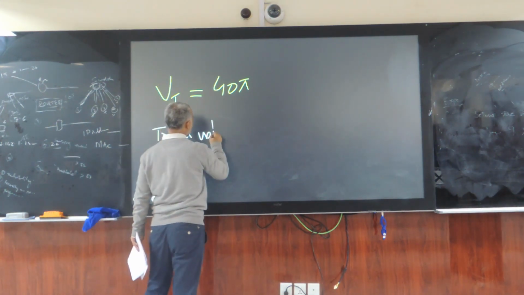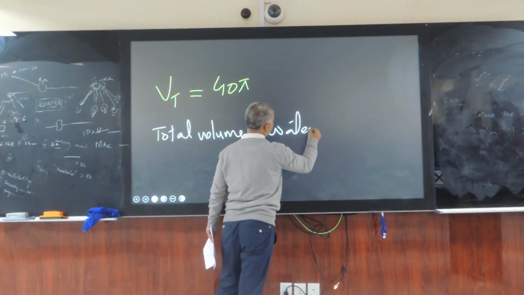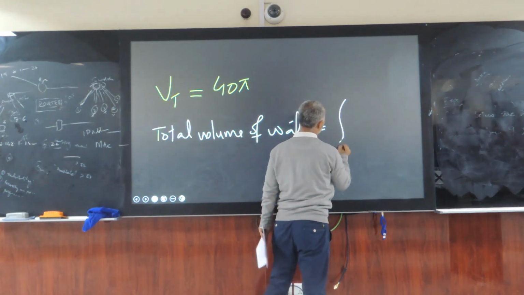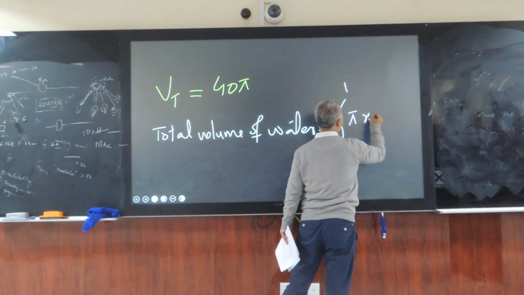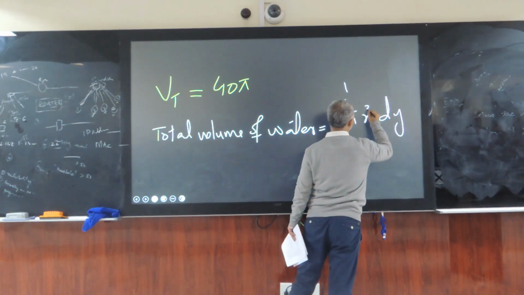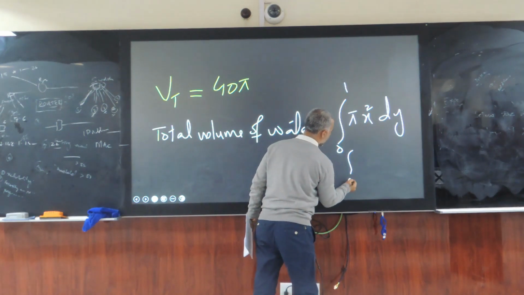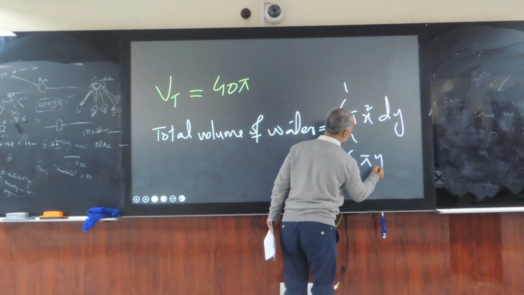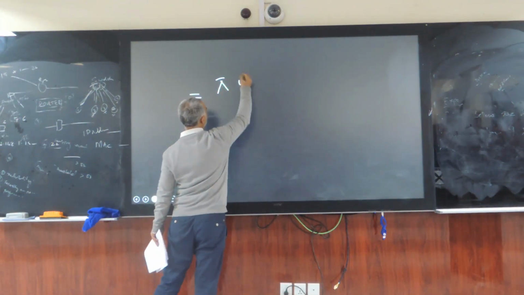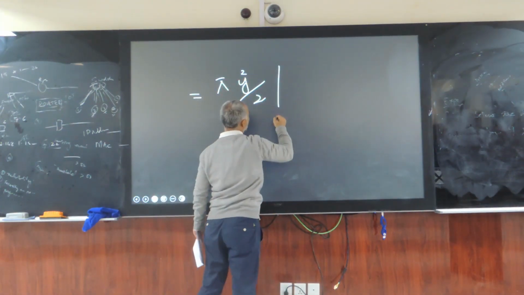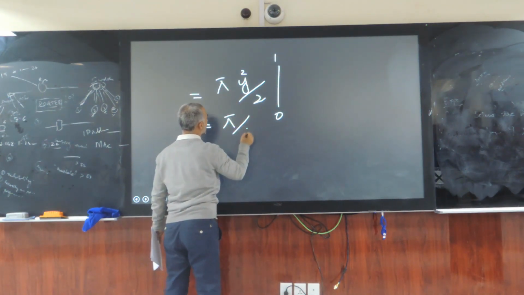The total volume of water can be determined as the integral from 0 to 1 of pi x square dy. We know x square represents y, so the integral from 0 to 1 of pi y dy, pi y square over 2, 0 to 1, and the answer is pi over 2.